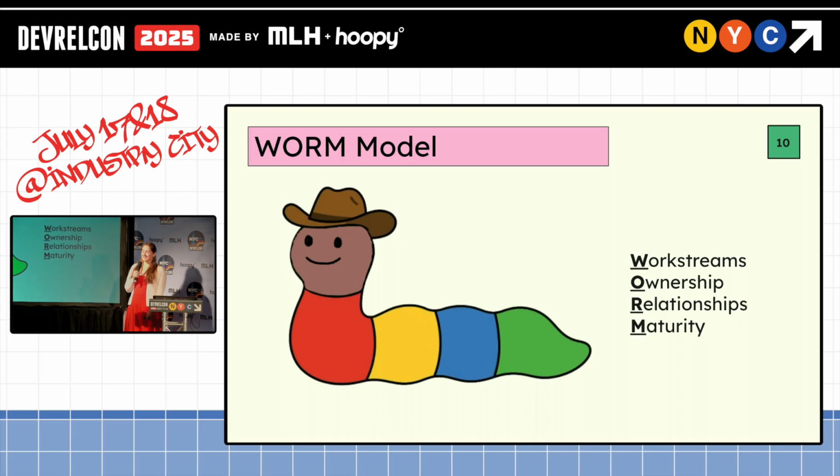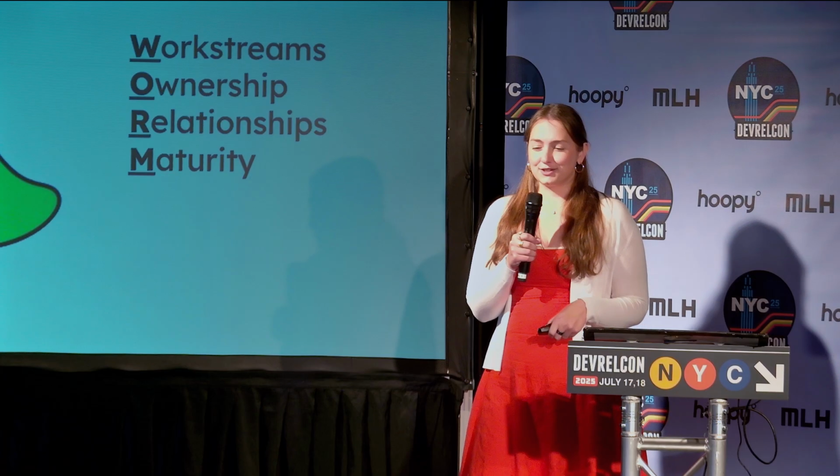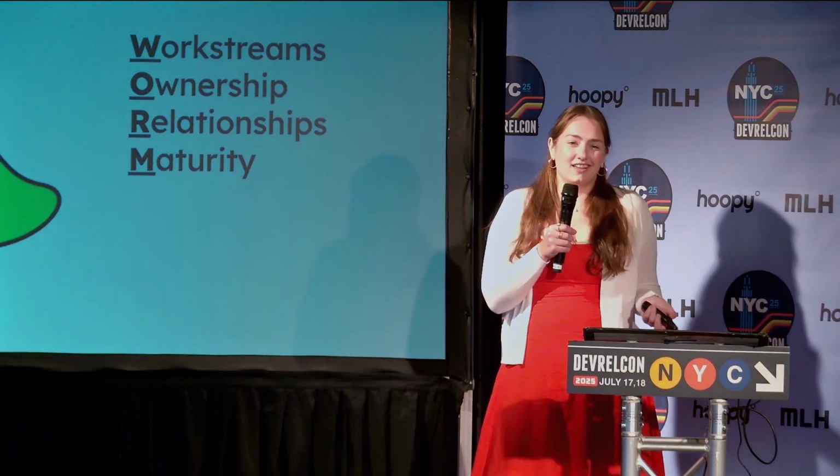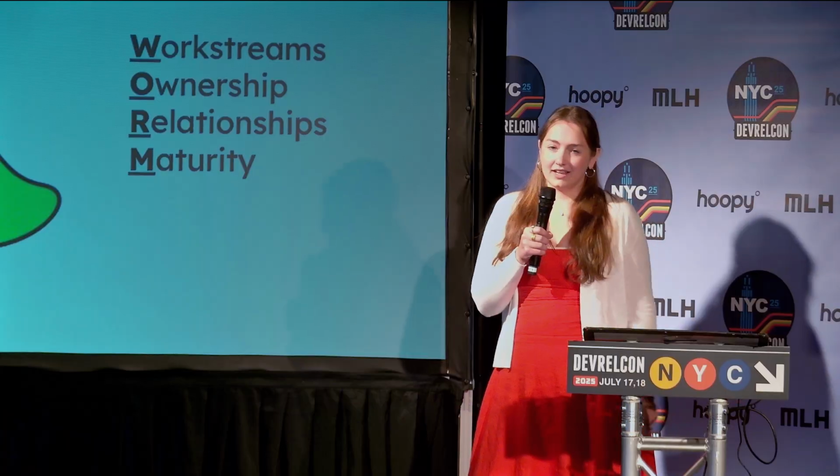And the goal is to visualize that internal structure of DevRel and impact as the program matures and grows over time. I'm calling this the worm model because it visualizes work streams, ownership, relationships, and maturity. And as cute as this little guy is, I had to decide, okay, what's the model actually going to look like?